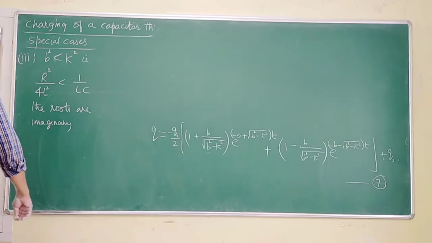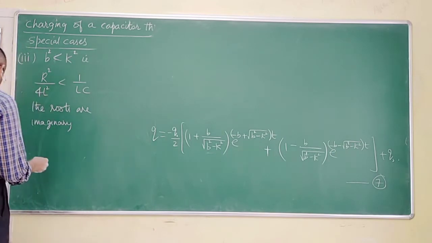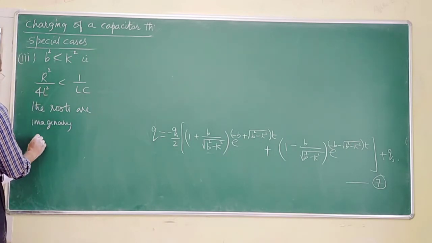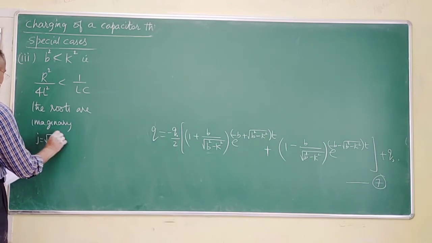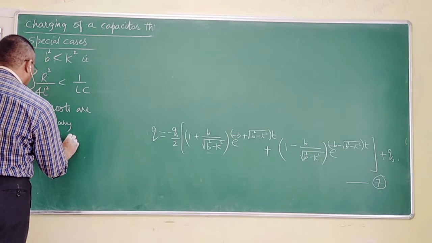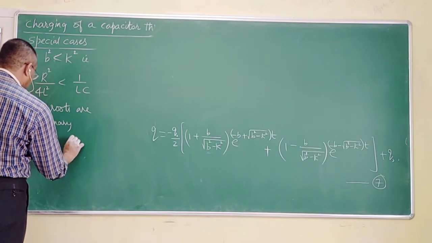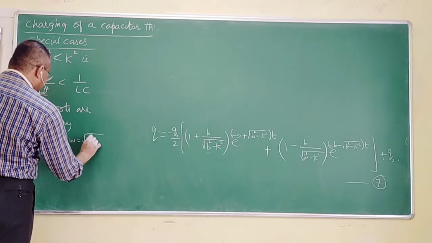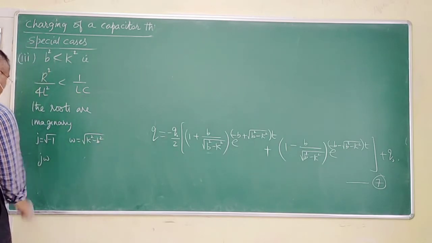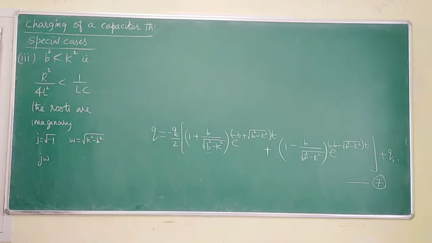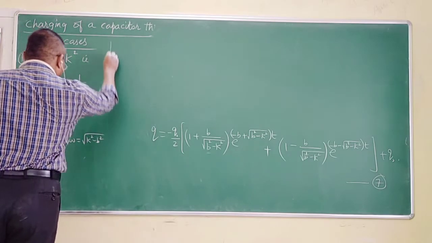Therefore, I am going to write this as j omega. I will write j as equal to under root of minus 1, and omega I will take as under root of k squared minus b squared, and therefore I will write j omega. I will tell you what it is, don't worry.